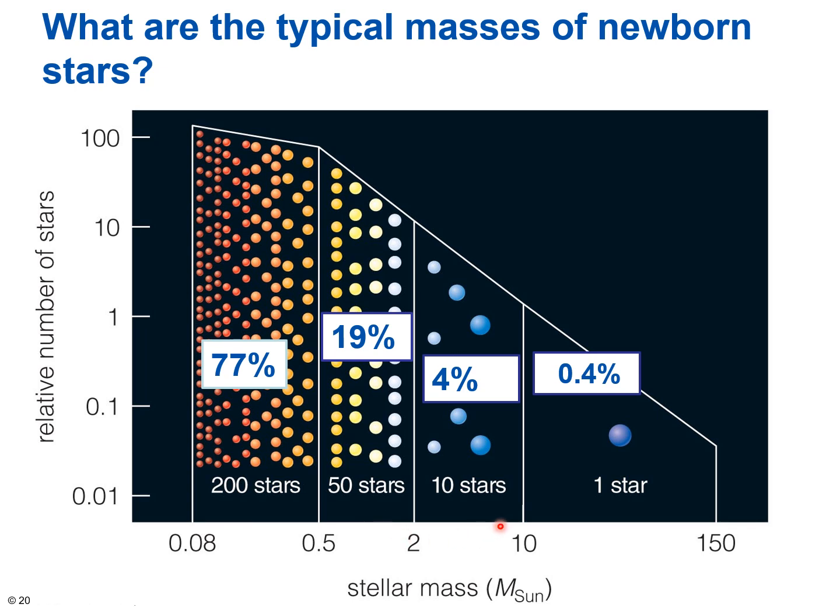Only 4% are going to be greater than 2 solar masses. That means intermediate stars or high mass stars. In chapter 17, I'll define that breakdown between low, intermediate, and high mass stars. And only 0.4% are going to be the very highest mass stars, greater than 10 solar masses.